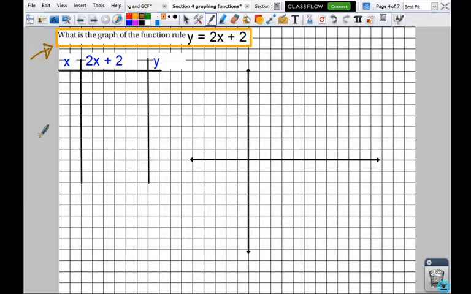So I'm going to go 2 times -1, and then plus 2. So this is my equation I'm working on, right? I plugged in -1 for this x right here. So instead of x, you just plug every single number in for the x, and then you just do the math and get your answer. Oh, okay. Makes sense.